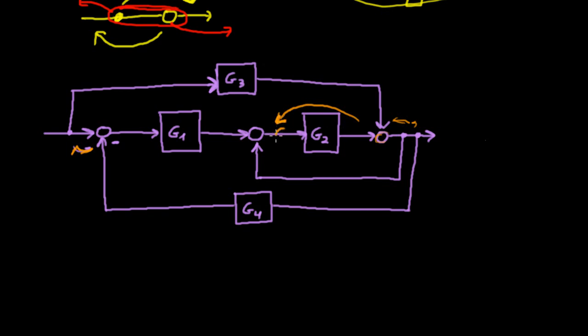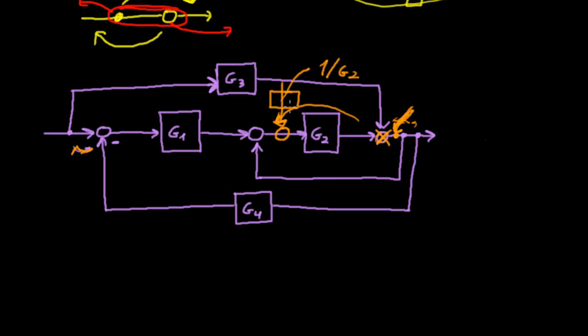But if we put the summing point here instead of here, then the overall output of the subsystem, what we get at this point, changes unless we multiply this by 1 over G2 to counteract the fact that this signal is going to be multiplied by G2 later on.